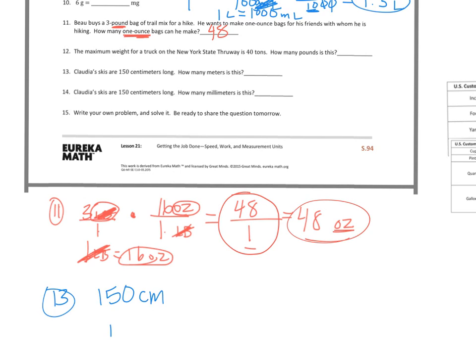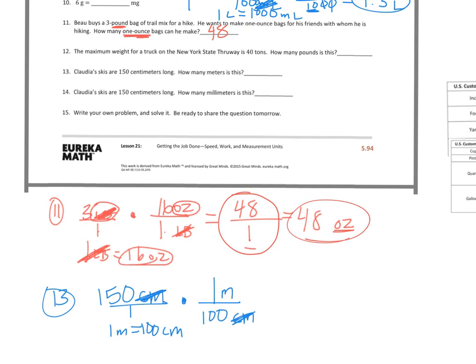And I know that 1 meter equals 100 centimeters. So I'm going to put my 150 centimeters over 1. I know I'm multiplying it by my conversion, my ratio. And I want centimeters on the bottom. So I get 100. And I cross off my 2 centimeters. And my 1 meter's on top.